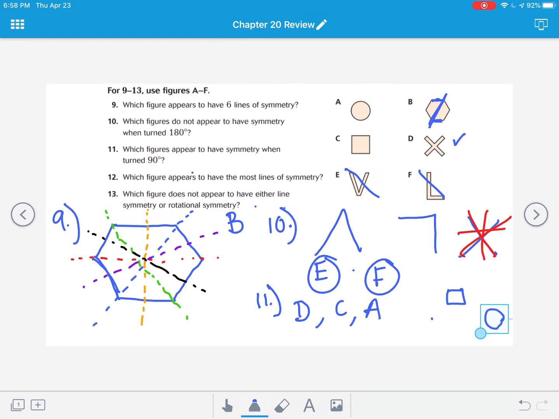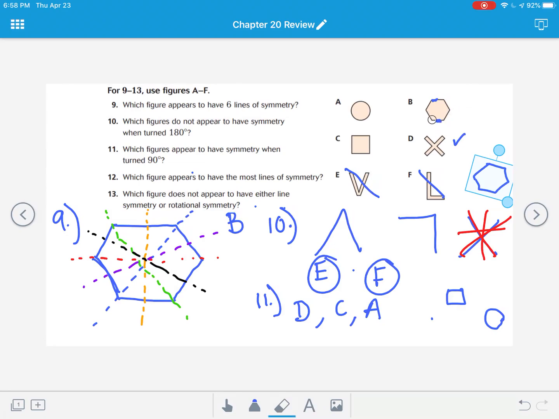And then the last one we had was a hexagon. Let's draw that out the best we can. And I'll turn that guy around. 90-degree turn. Now, mine does not look the same because I drew my lines a little bit funky.